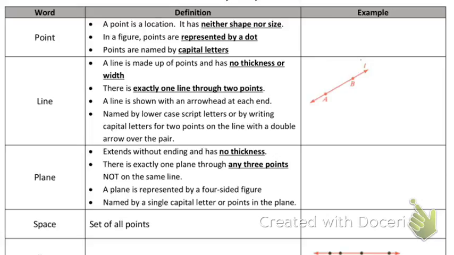We've done points before. When you hit your pencil and put it on a piece of paper, that's a point. In reality, that point has no shape. It's got no width. It's got no height. However, as human beings, we have a hard time looking at something that has no width or no height.